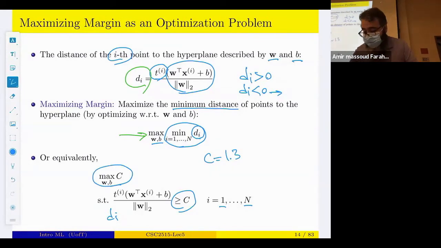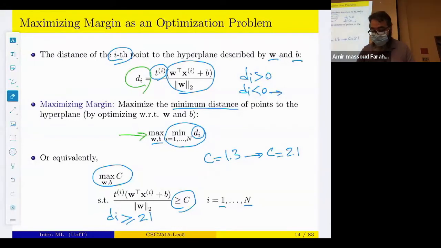So we find a better c, for example c becomes 2.1. And we push this c as much as possible, which means that all the distances are larger than, say, 2.1. Some of them might be larger, another one, say j, might be 2.5, and so on. But the minimum of them is at least c. You have a question?